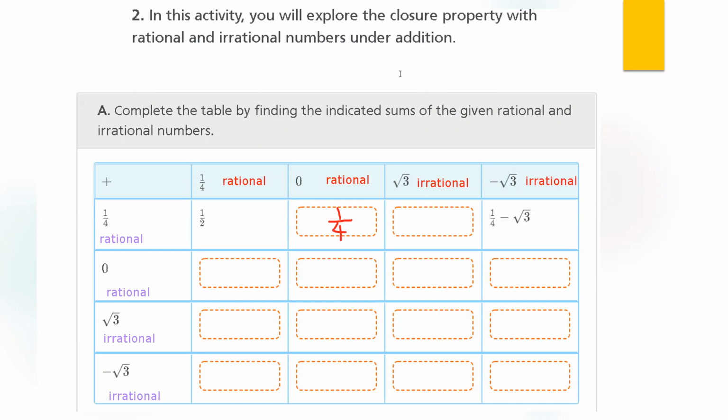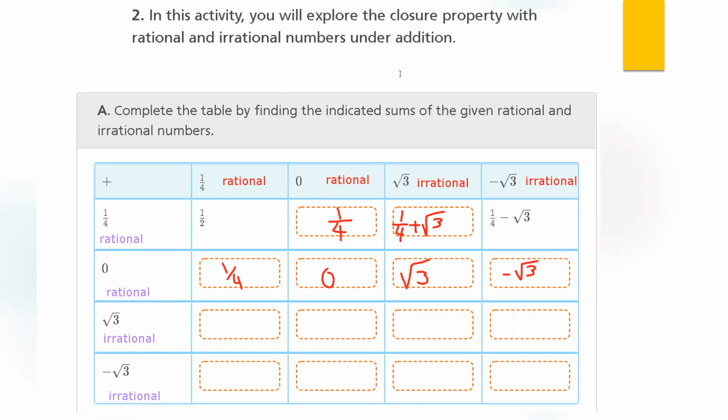Now 1/4 plus square root of 3 is 1/4 plus square root of 3. 1/4 minus square root of 3 is 1/4 minus square root of 3. 0 plus 1/4 is 1/4. 0 plus 0 is 0. 0 plus square root of 3 is square root of 3. And 0 plus negative square root of 3 is negative square root of 3.